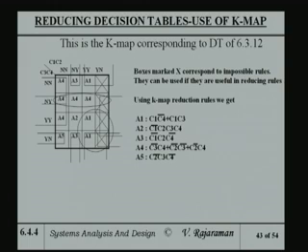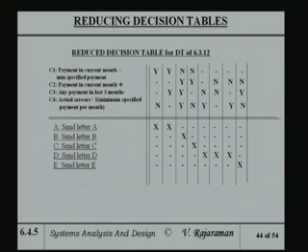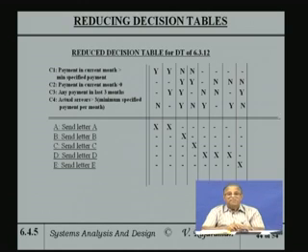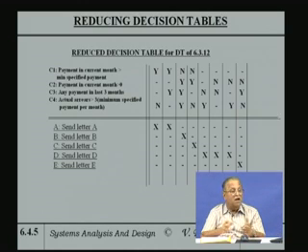So this is essentially what happened, and now I can map that onto the decision table again, that is, take each one of them and map it on, and wherever a variable does not occur I put a don't care, wherever a variable occurs I put the yes or no. Having done this, I end up with a set of rules whose total number is 2, 4, 6, 8 rules instead of 12. From 12 it came down to 8 rules and a lot of don't care conditions.